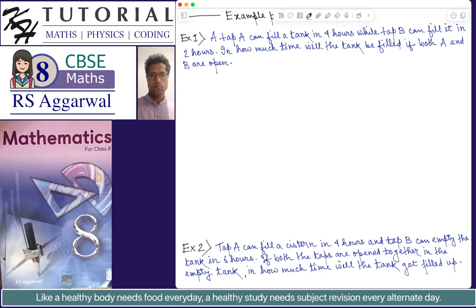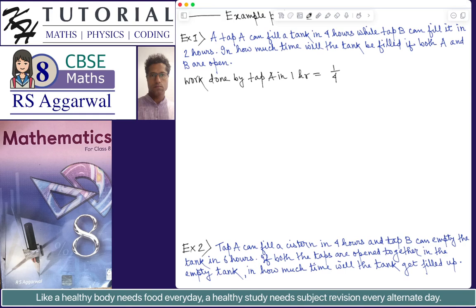Now, since both the taps A and B are filling the tank, they are inlets. So, work done by tap A in 1 hour will be equal to 1 by 4, since it is given that in 4 hours the tap A completely fills an empty tank.